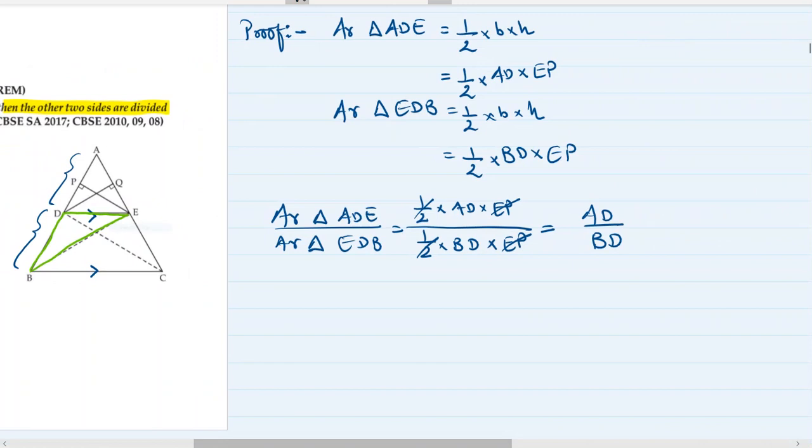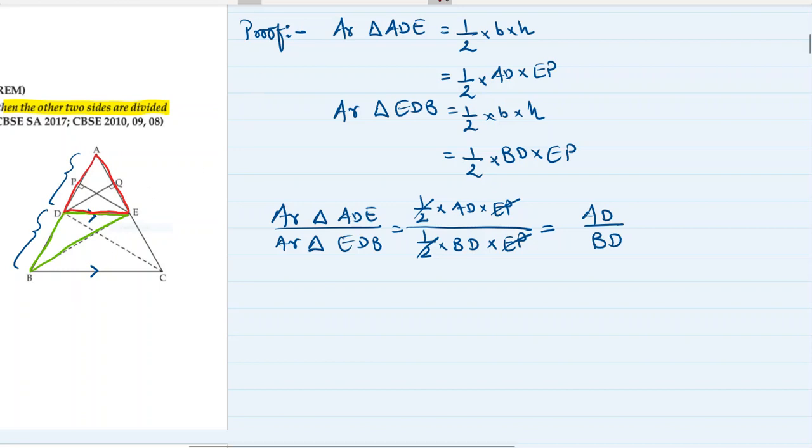Now I want you to do a little visualization. We have taken these two triangles up to now, that is the red one and the green one. And the ratio of the areas of both these triangles we have found to be equal to AD upon DB. Now I want you to choose two more different triangles.